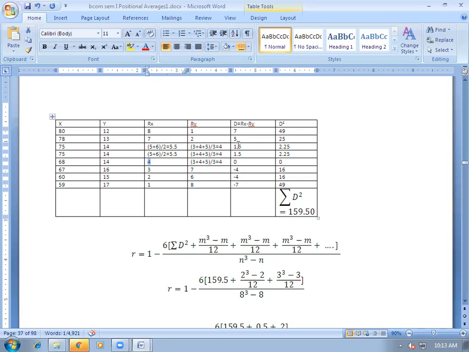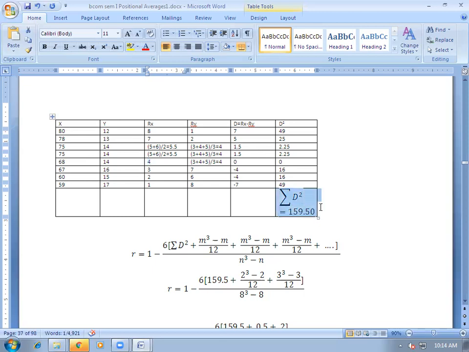Then I will take the difference between ranks of X and Y series. 8 minus 1, 7. 7 minus 2, 5. 5.5 minus 4, 1.5. And so on. Then I will square the values of D. 7 square is 49. 5 square is 25. 1.5 square is 2.25, and again 2.25. Then 0, 16, 16, 49.